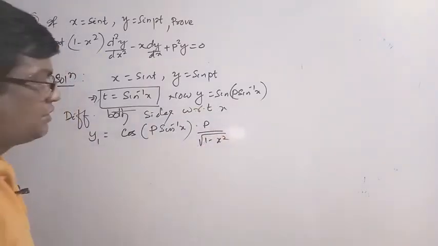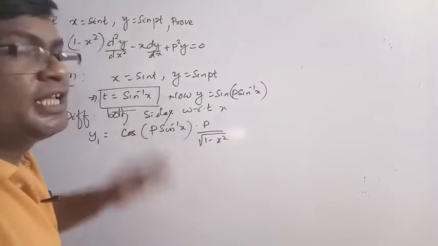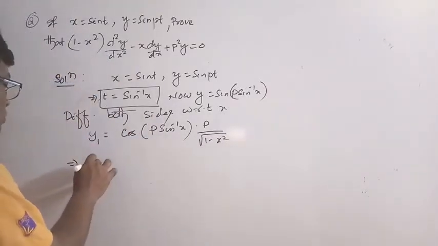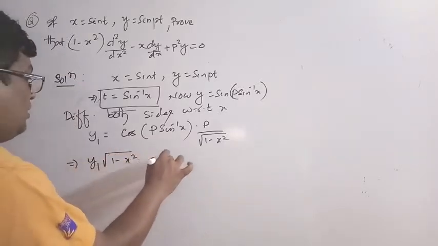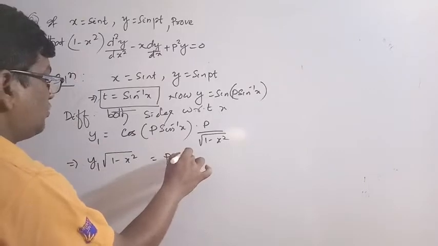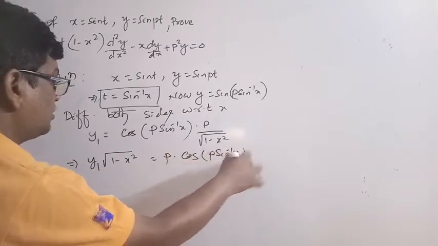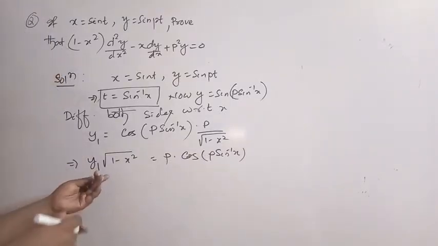We know in previous class, we should remove the fraction. So this is y1 into root over 1 minus x square is equal to p into cos of p sin inverse x. Also we know from previous class, remove the square root.